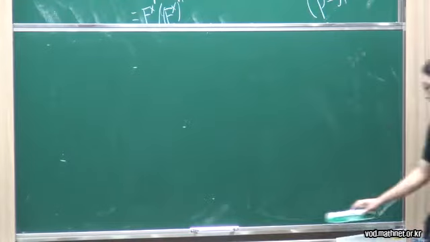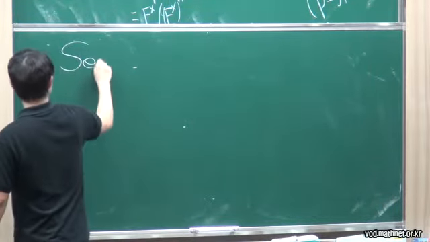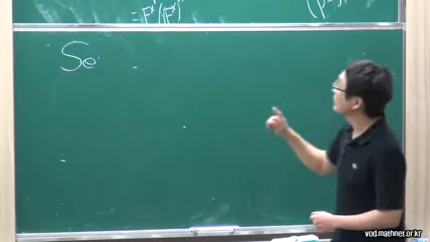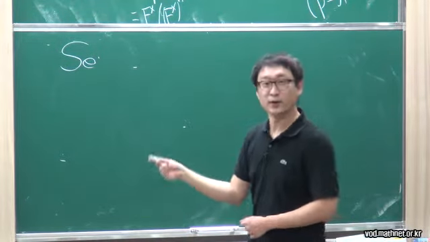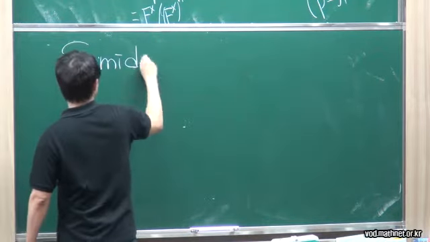And there is an interesting cohomological invariance between decomposable and indecomposable, which is called semi-decomposable.